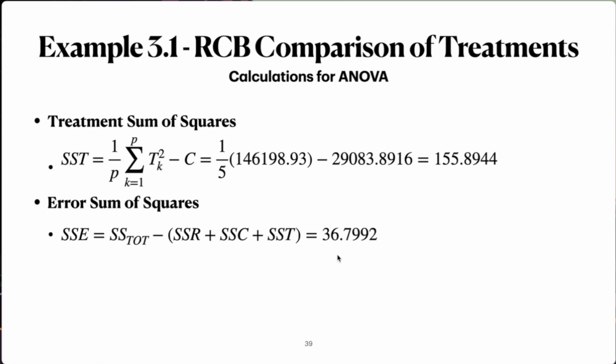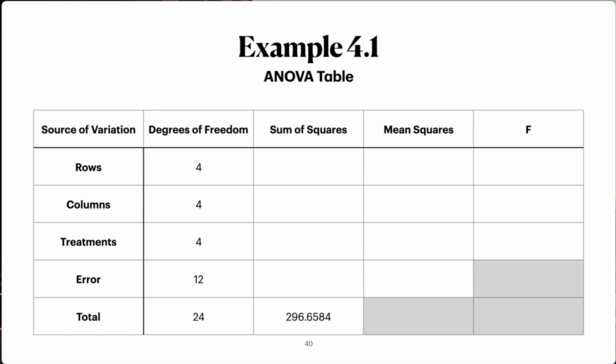And so we get 36.7992 for the error sum of squares. Now we can plug these values in. Here I have the total sum of squares entered in, then the row, column, and treatment sums of squares, and we get the error sum of squares by subtraction.